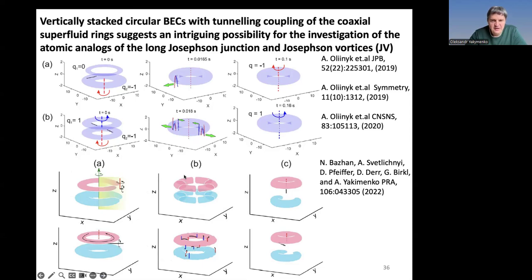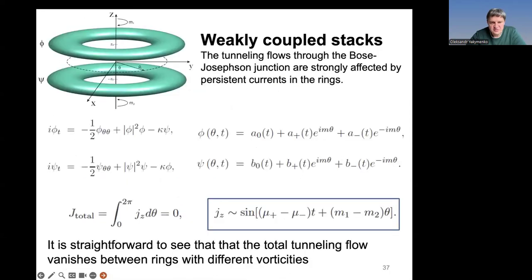And what is interesting, if you have these structures, you can see very remarkable dynamics of the Josephson vortices, which drives the dynamics of, for example, merging rings. Let me show it in detail.